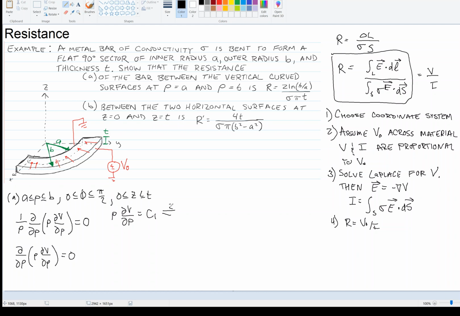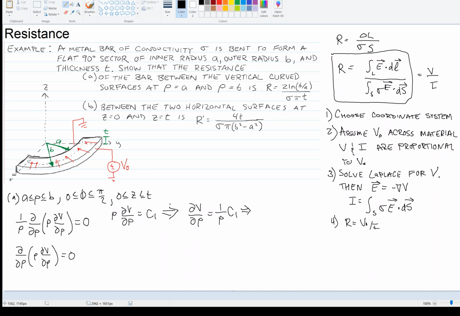So let me divide by rho. Like this. And so I have the derivative of something is 1 over rho C1. All right, so now let me integrate again.